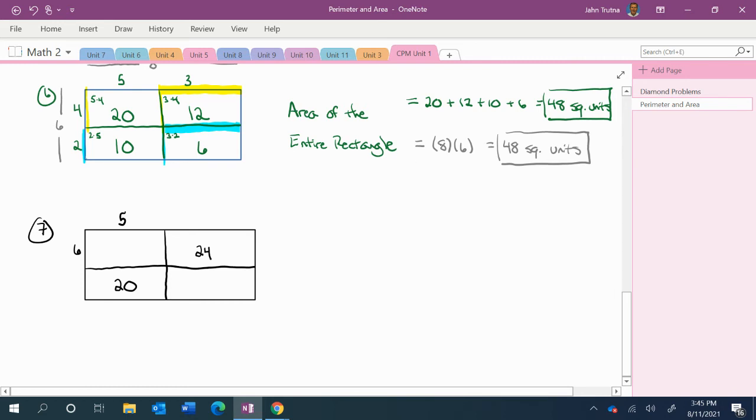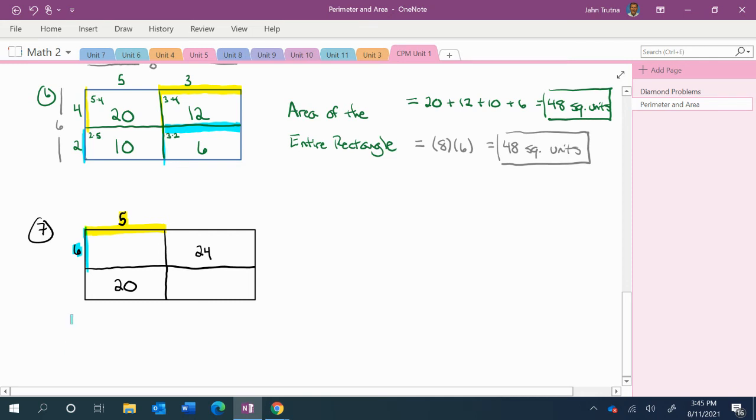And this is where you can't just use the entire top and the entire bottom to find the area, because I know that I have a 5. And remember, the 5 is how long it is from there to there that I outlined in yellow. That's what the 5 represents. And then the 6 represents how long it is on the left side, but not the entire left side. It's just that portion right there. That's where the 6 came from.